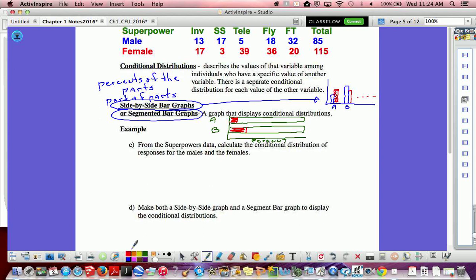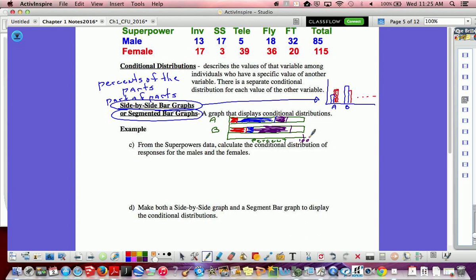But then with the next one, A might be really big, and B might be really small. And C, okay, might be like this and like this. Okay, and we can keep on doing it for all the different colors. The nice thing about the percent in the segmented bar graph is this percent goes to 100%.